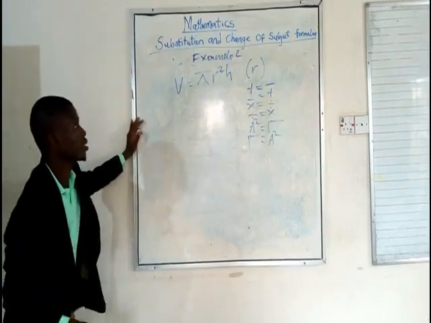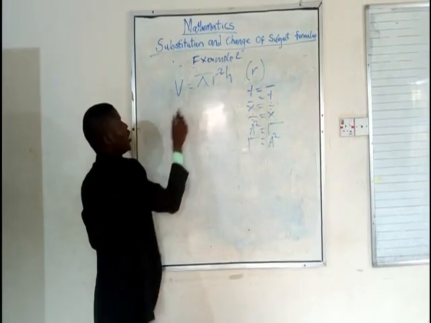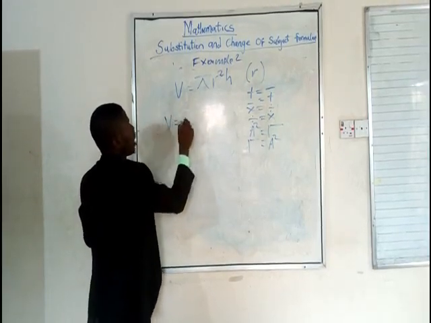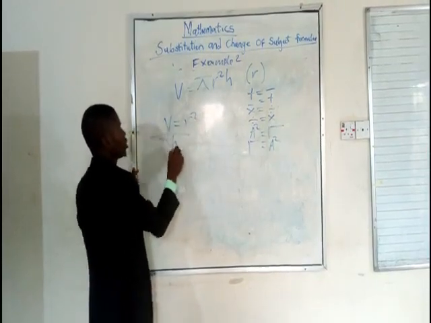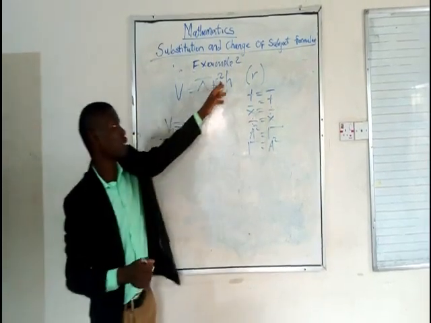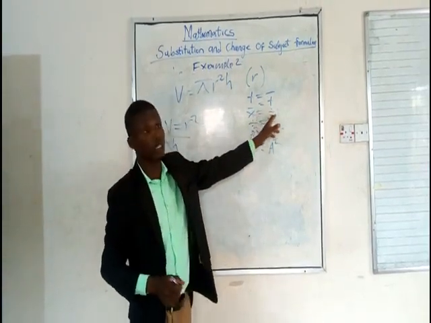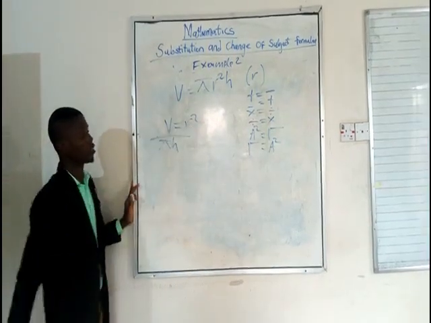So let's start. All these things are multiplying this man. So I'll have V equals r squared all over pi h. Why? They are multiplying. Multiplication crossing the equals sign gives division. Then let's make r the subject of the formula.